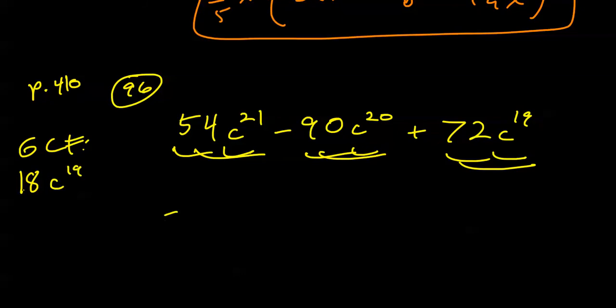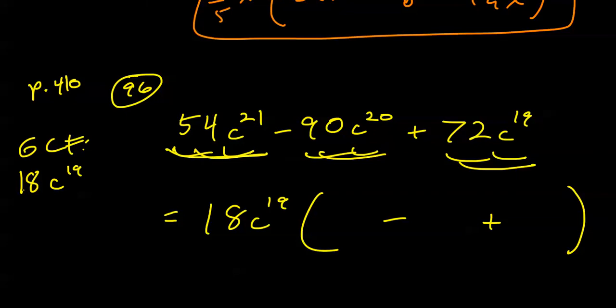So I can factor out an 18c to the 19th power. And what remains? Well, let's see. If I take out from this 18 times what is 54? Well, I think 3 will do. And if I take out 19 powers of c, I'll have 2 left in that first slot.